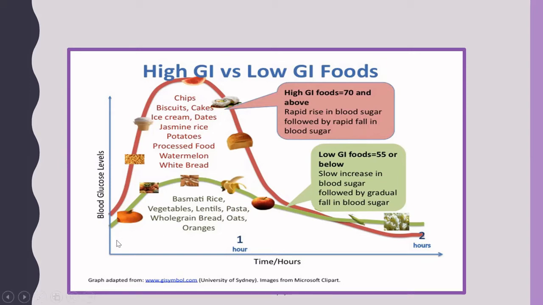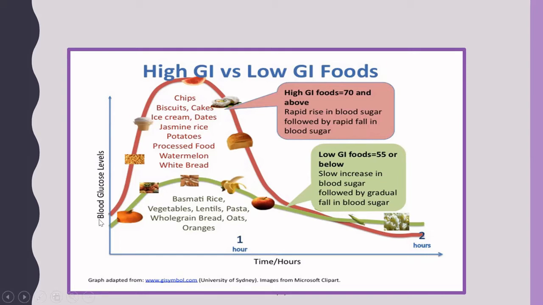It rises very slowly and you can see the peak. It reaches a level of about 100 or 120, and then after 2 hours it comes to the normal level, that is about 80 to 90 mg per deciliter.